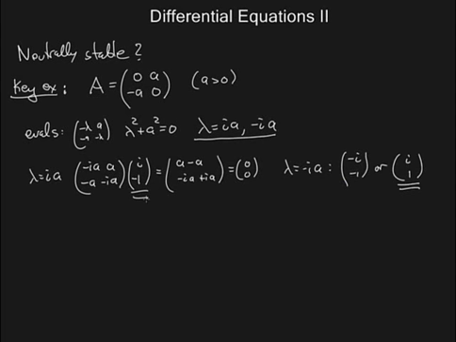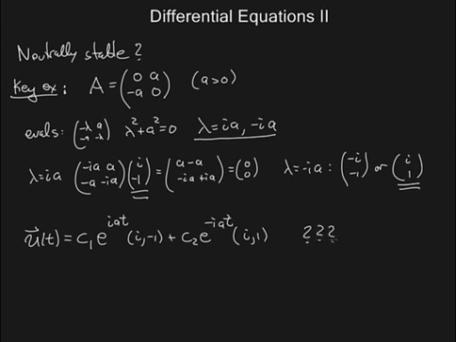So what's the general solution of this equation? u is equal to c1 e to the lambda 1 t times v1 plus c2 e to the lambda 2 t times v2. And what on earth does this mean? It's got all of these complex numbers in it.